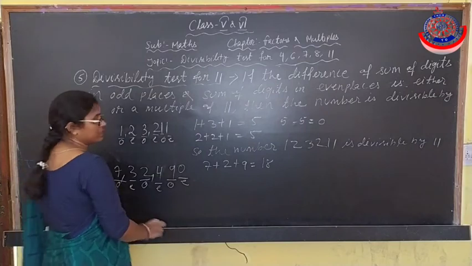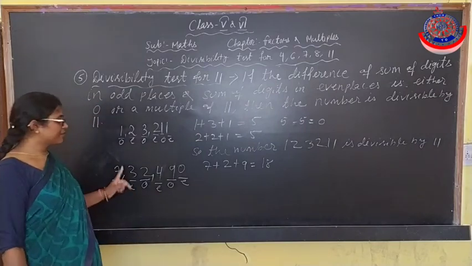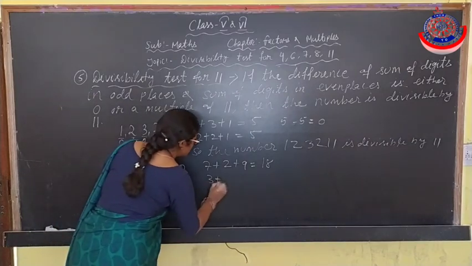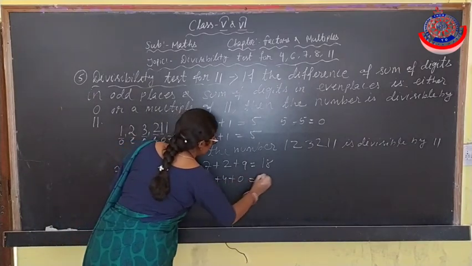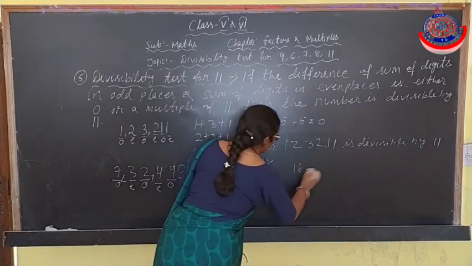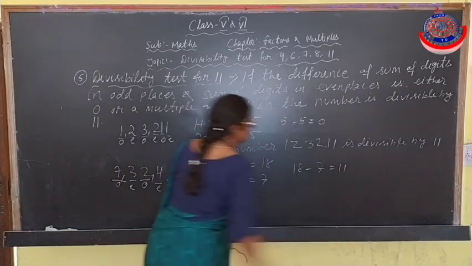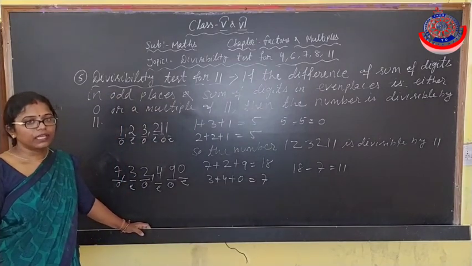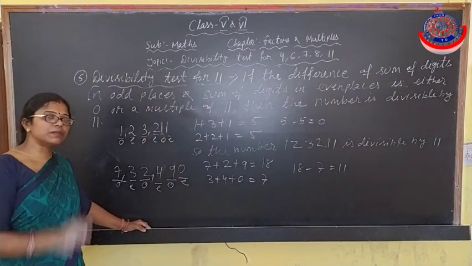Now even places. What are there in even places? 3, 4 and 0. 3 plus 4 plus 0 is 7. Now 18 minus 7 is 11. You know 11 is a multiple of 11? Yes or no? Every number is a multiple of itself.